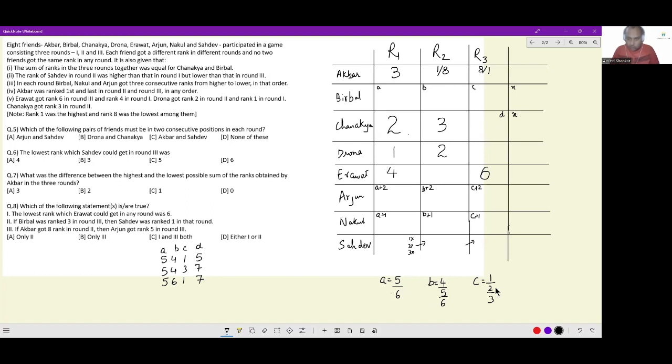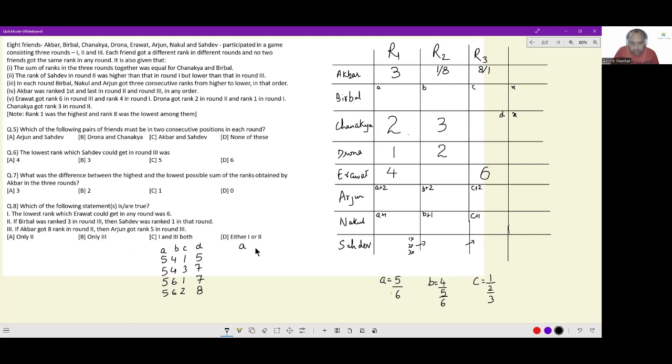How about 5, 6, 2? If I have 5, 6, 2, then D will turn out to be 8. That is fine. But 5, 6, 3 is not possible because if 5, 6, 3 is used up, then D will have to turn out to be 9, and 9 as a rank is not available. So all pairings with A being 5 have been listed.